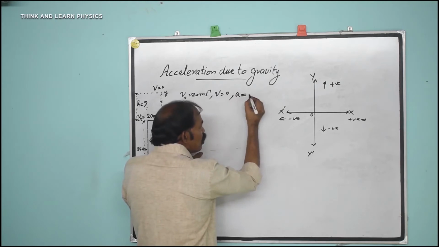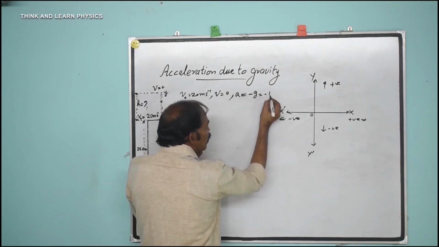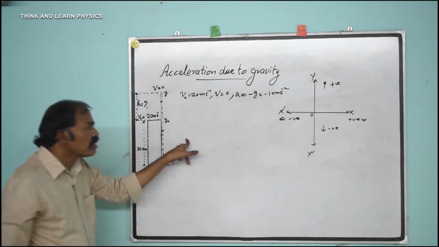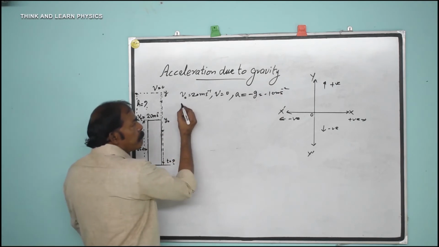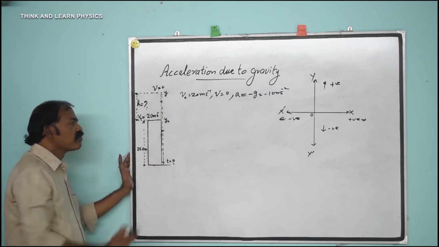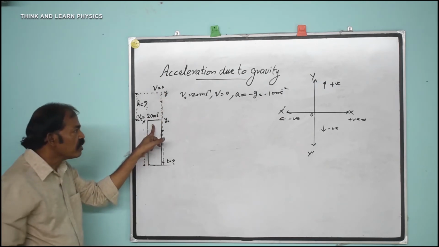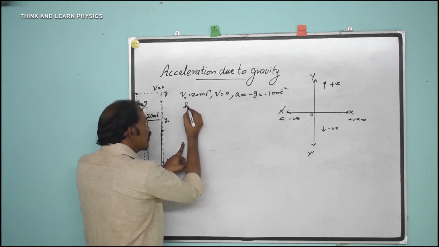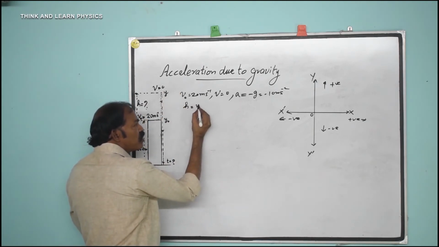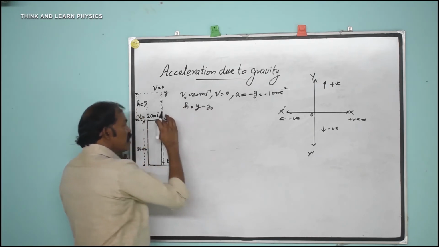That means a is equal to -g, or it is equal to -10 meter per second square. Then we have to find the height up to which the ball rises. So we have to find h, which is the difference between the final position y and the initial position y0.